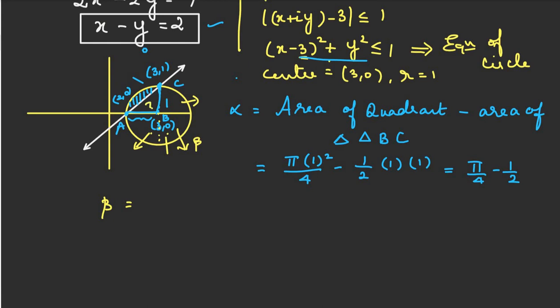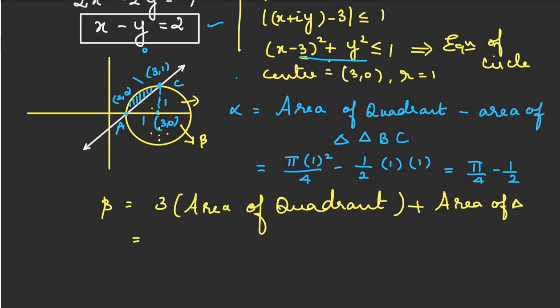Therefore beta is equal to 3 times the area of the quadrant plus the area of the triangle, which is 3 into pi r squared divided by 4 plus half into 1 into 1, which is 3 pi by 4 plus 1 by 2.